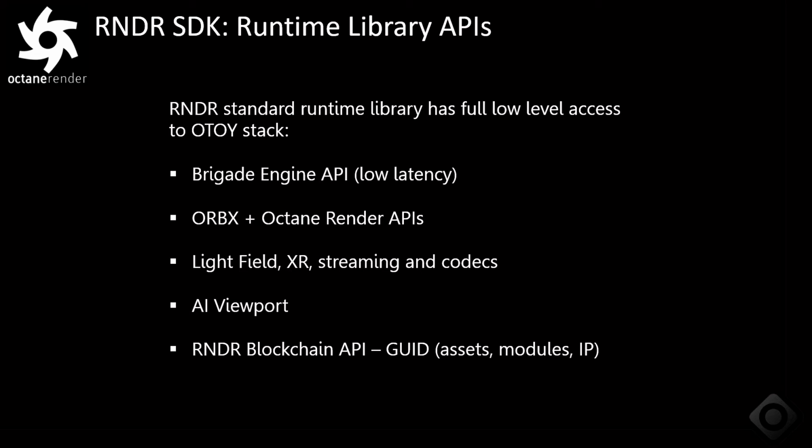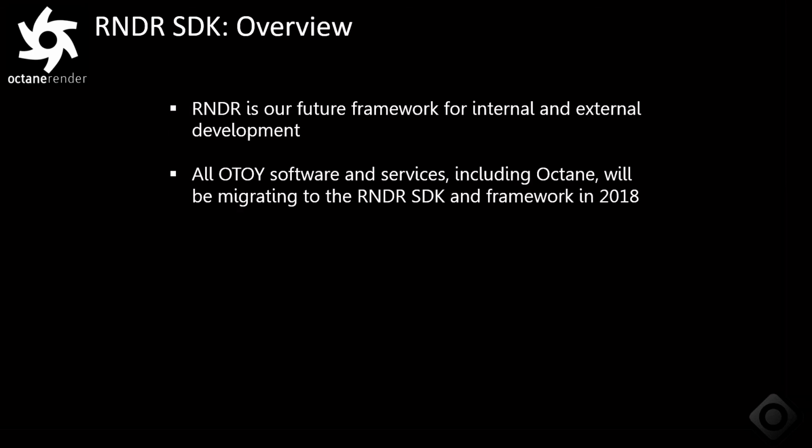Our light field streaming and codec stuff is in there. And we also are adding things called AI Viewport, which is designed for thin clients that need to reproject light fields. And then, of course, you have access to looking up resources that are on the blockchain to pull down an Orbx file or a service or a module built in the SDK.